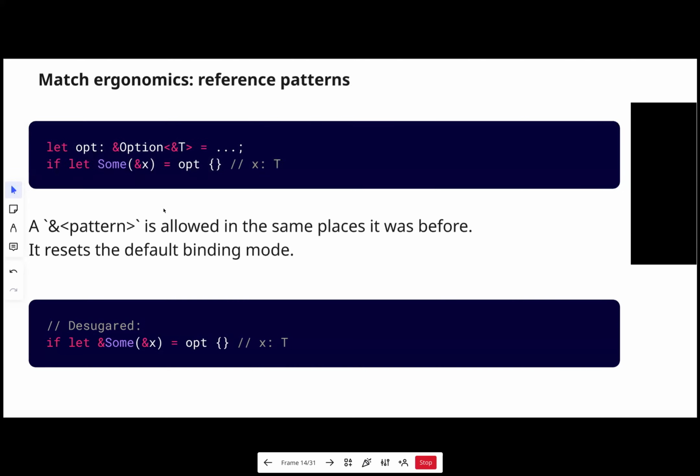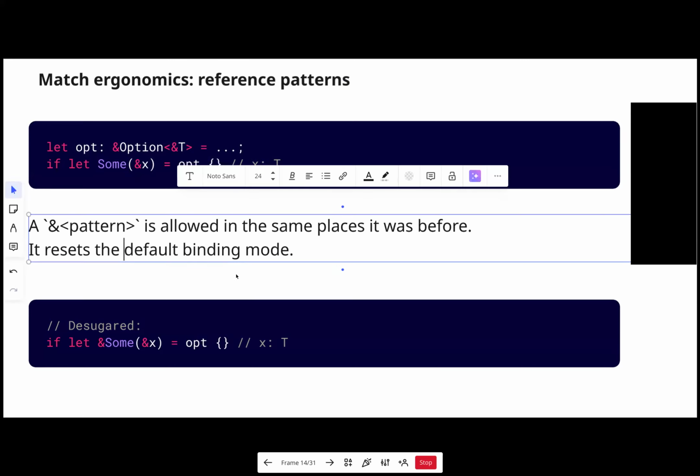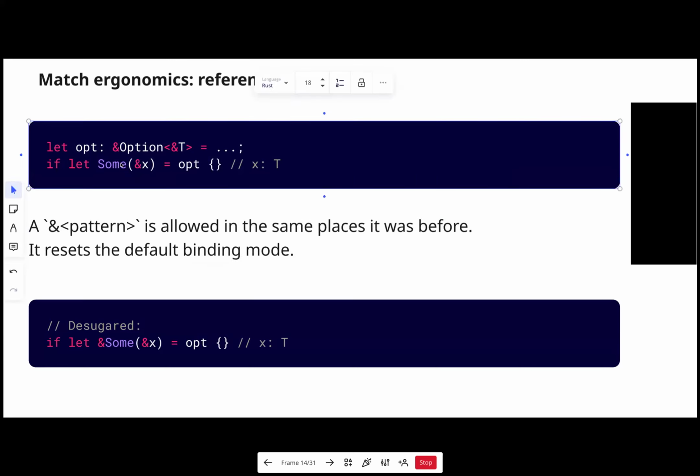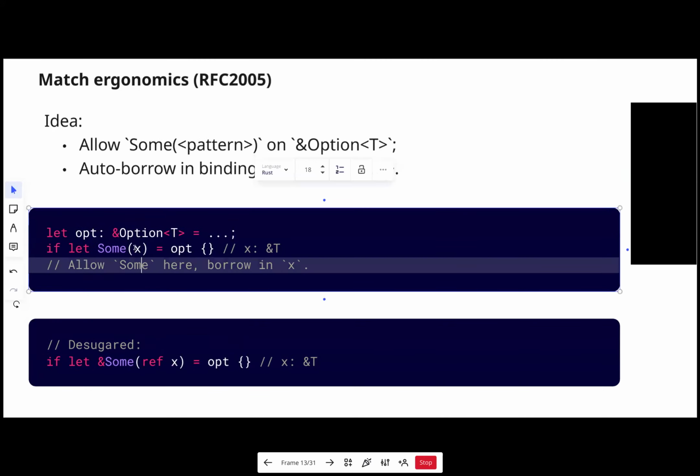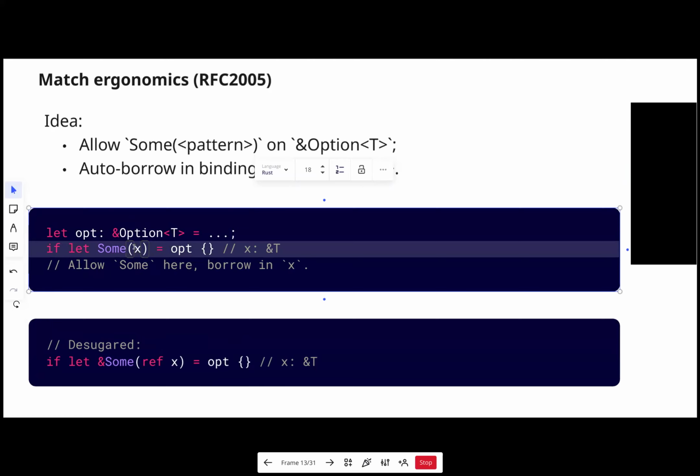Well, what was decided at the time after a decent amount of discussion is to reset. Oh, I forgot to introduce the name. The virtual reference is called, in the RFC and in discussion, the default binding mode. Why is it called that way? Because this ref keyword is called the binding mode. So there's three possible binding modes. There's just X, a normal binding mode or a move binding mode.